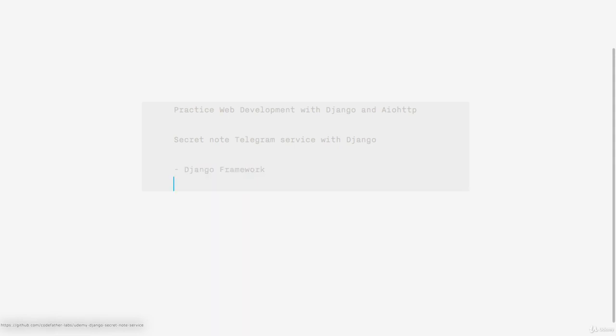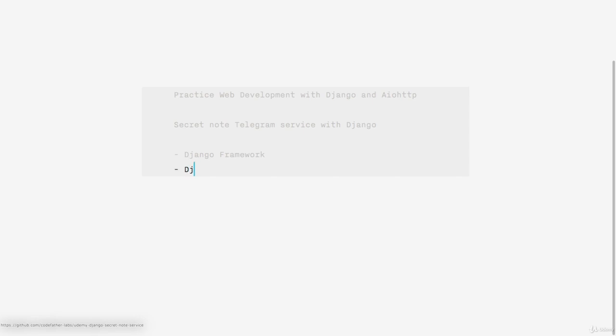So let's go. In this course we will use a stack of the following technologies. First, Django framework, the most popular Python framework for web development. Next we will use Django REST framework, a library for making REST API platforms. Next is aiohttp, a great framework for asynchronous input-output processing.